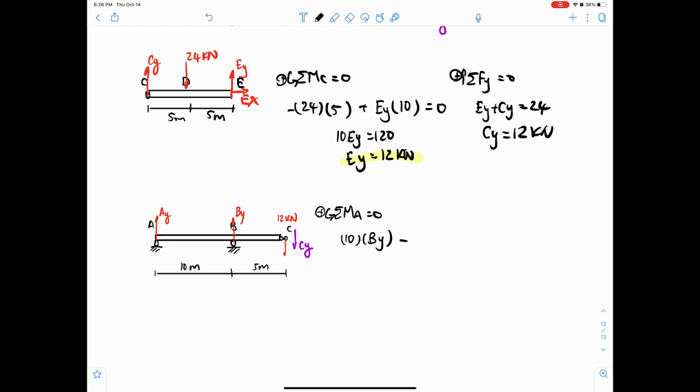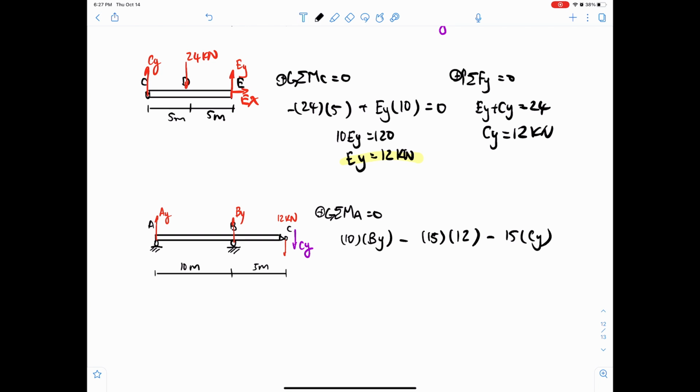So going back to this, we took this distance and BY, we're finding the moment about A. So BY, and then it's 10 plus 5, so that's 15 times 12, and that's wanting to spin it clockwise, so it's negative, minus 15 times CY.